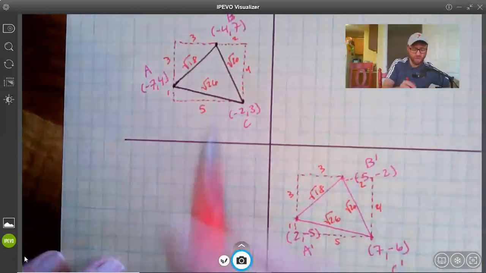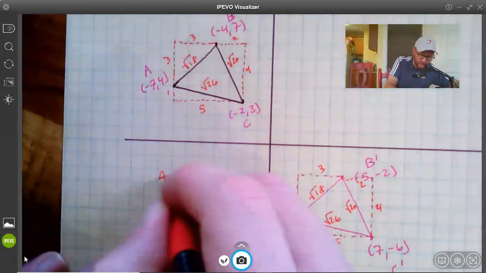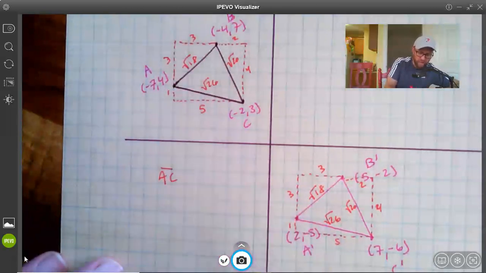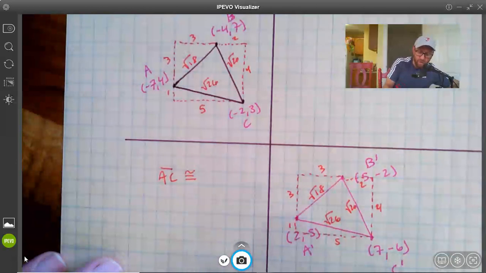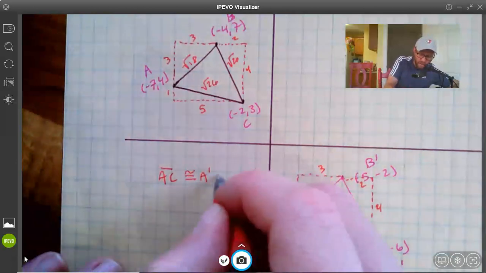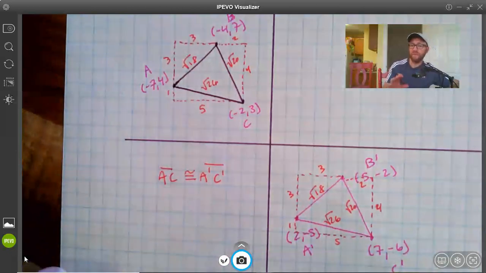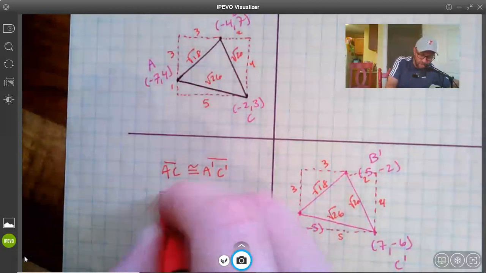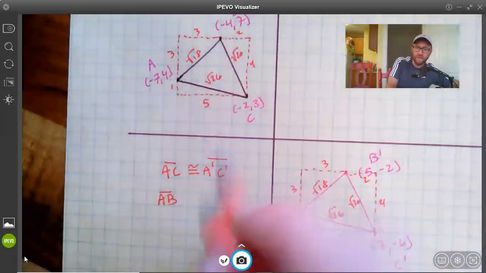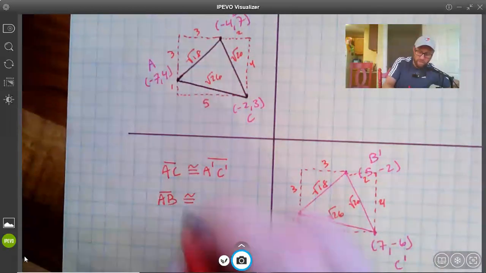Let's write, we know that segment AC, with a line over top, that means segment AC is congruent to A prime C prime. So segment A prime C prime, same length. We know that AB, that's this segment here, is congruent to A prime B prime.